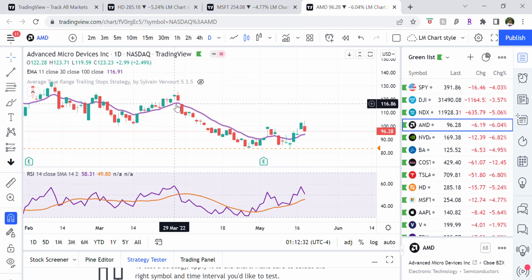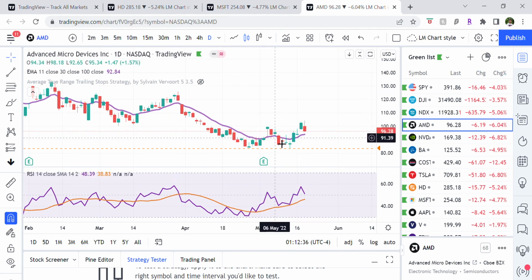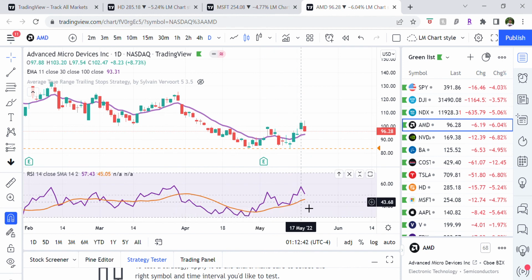Although level wise it's down only, in the last 10 days it's trying to move upward. Even on the RSI it's clearly trying to move upward. So don't trade AMD for puts. Either trade it for calls or don't trade it.